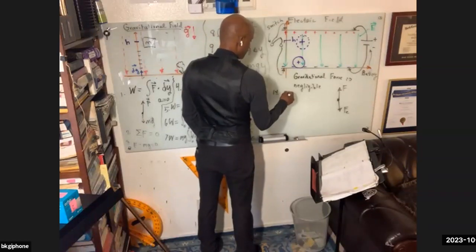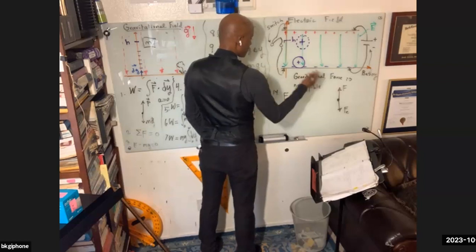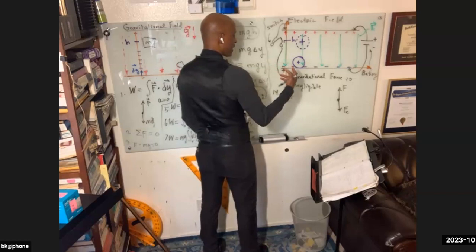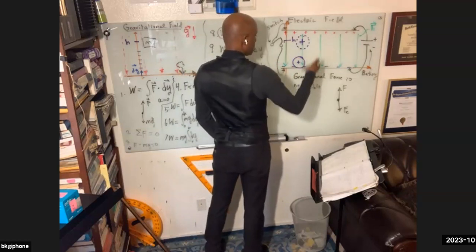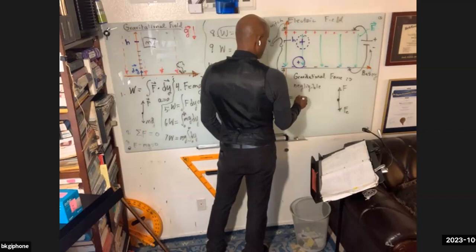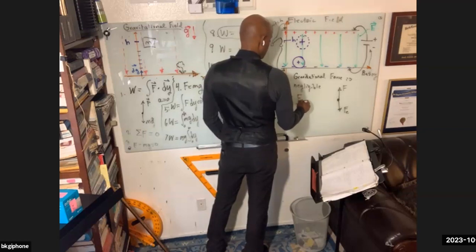E, the electric field, an external electric field, not the field of the charge now, but the external field that's applying a force to a charge, is equal to F, the electrostatic force, the Coulomb force, divided by the magnitude of the charge.